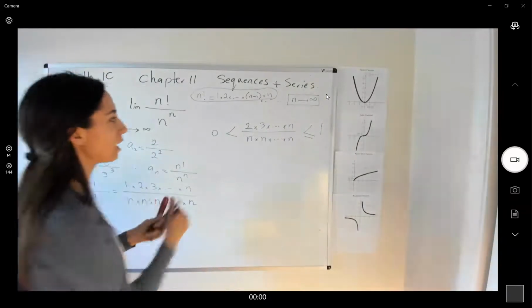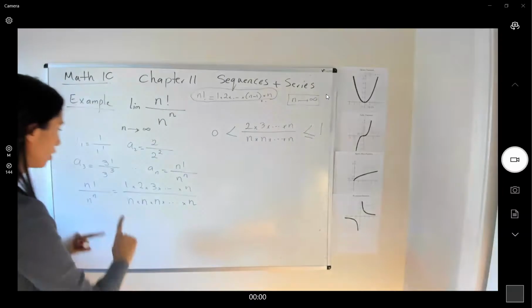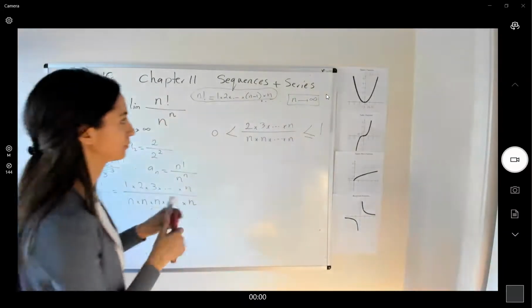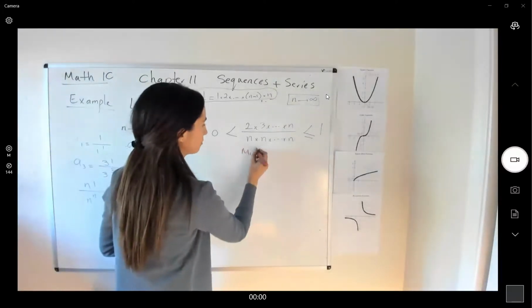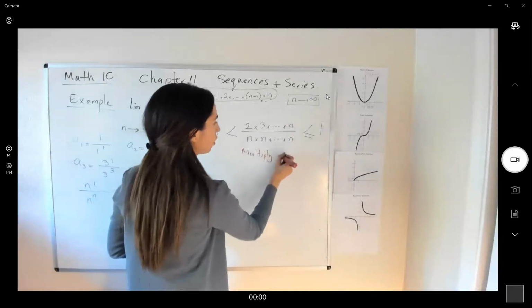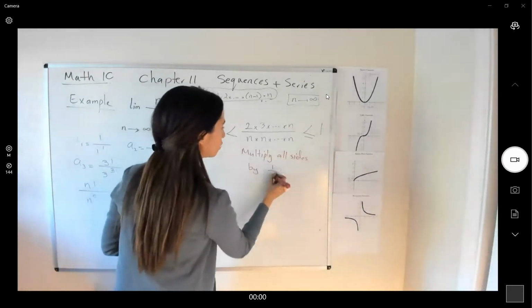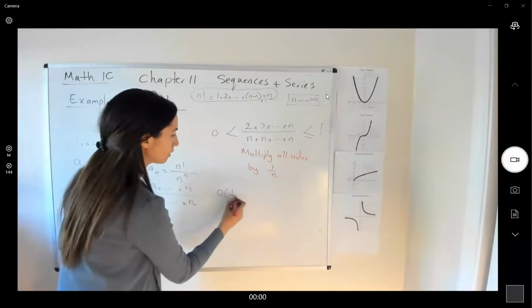Okay, now I multiply everything by 1 over n to create n factorial divided by n to the n. Multiply all sides by 1 over n. On the left hand side, you have 0 times 1 over n.